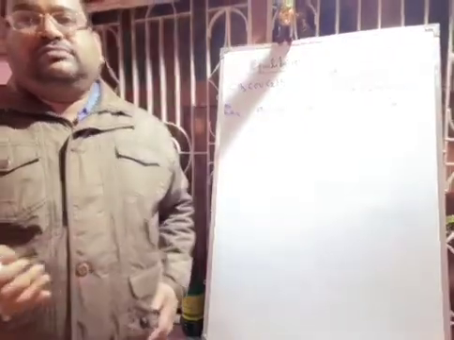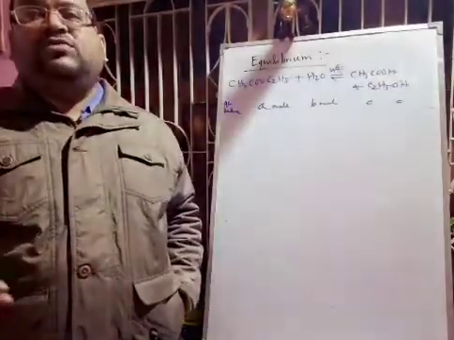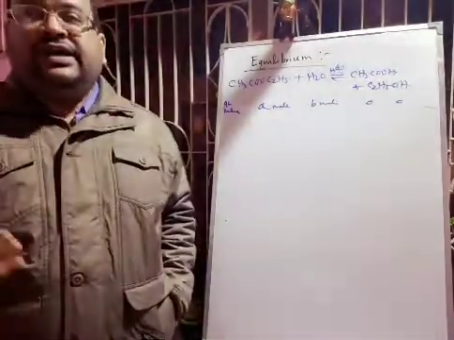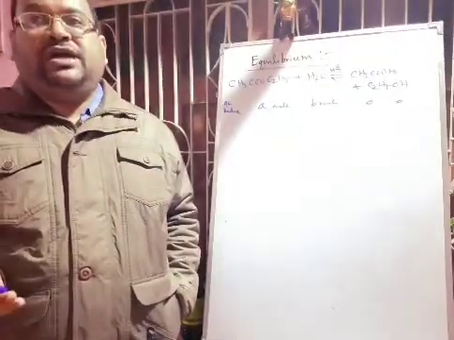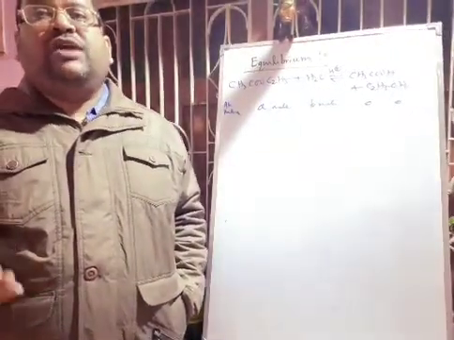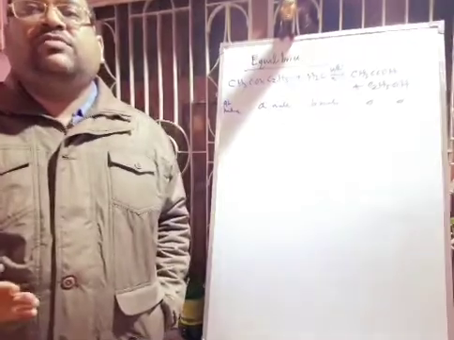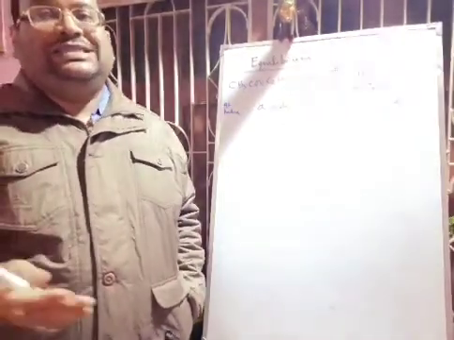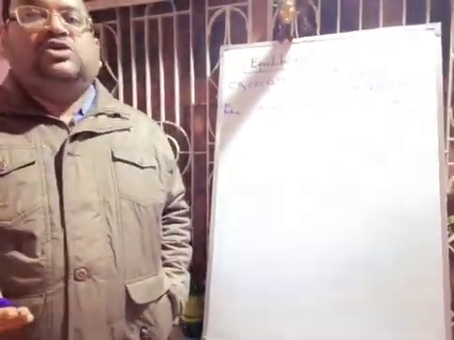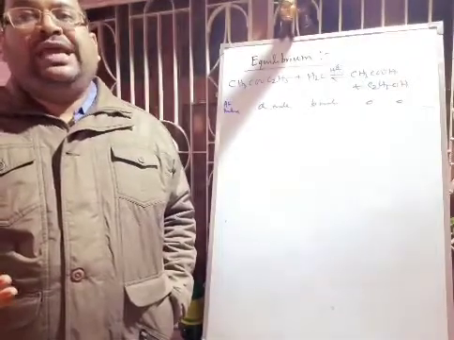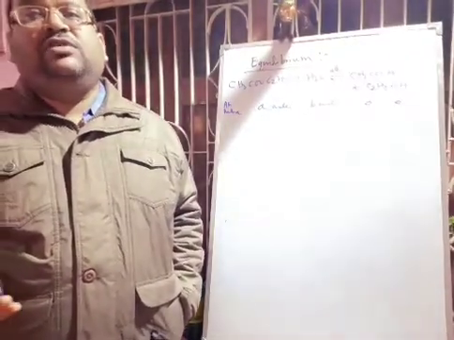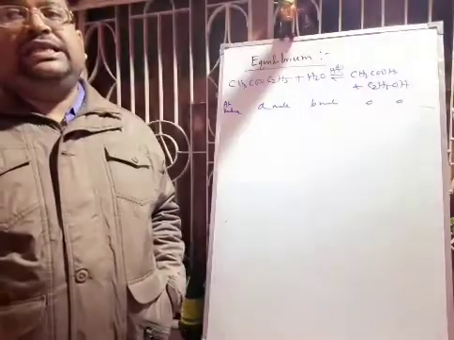Let us also consider that x mole of ethyl acetate reacts till equilibrium is reached. Since 1 mole of ethyl acetate combines with 1 mole of water to form 1 mole of acetic acid and 1 mole of ethyl alcohol, x moles of ethyl acetate will combine with x moles of water to form x moles of acetic acid and ethyl alcohol.